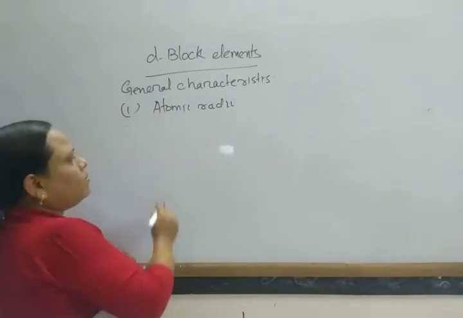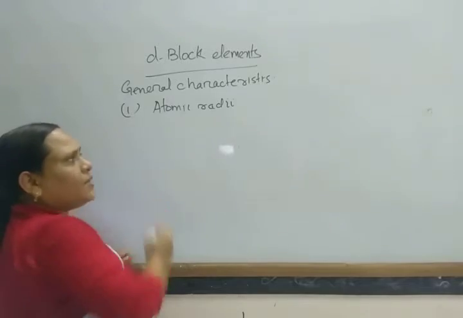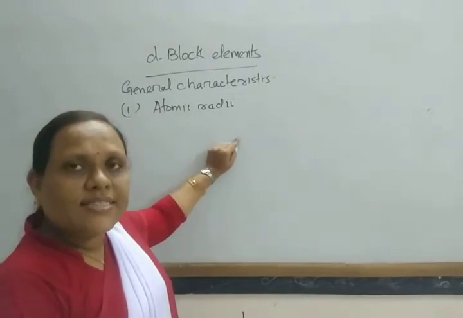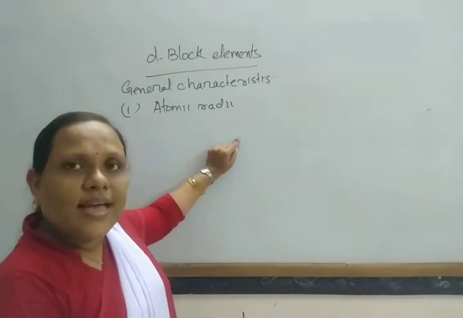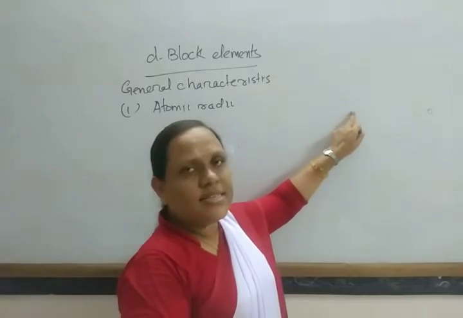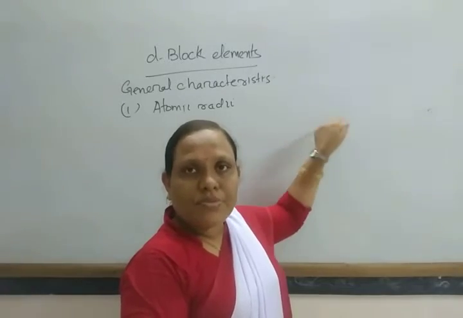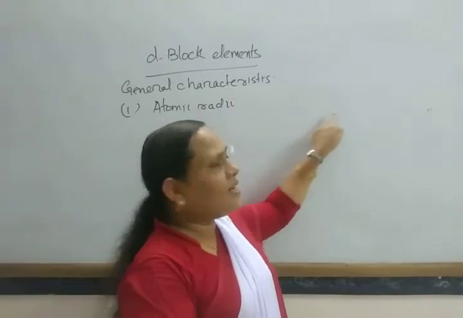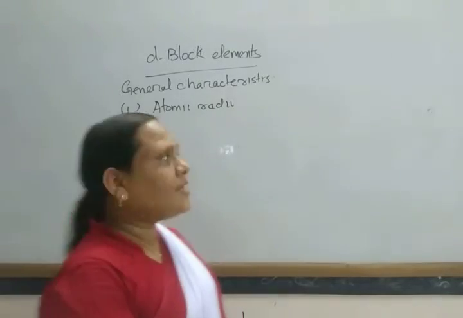From group 3 to group 7 it generally decreases, then remains almost constant, and then it increases towards the end, from group 11 and 12, that is copper and zinc.